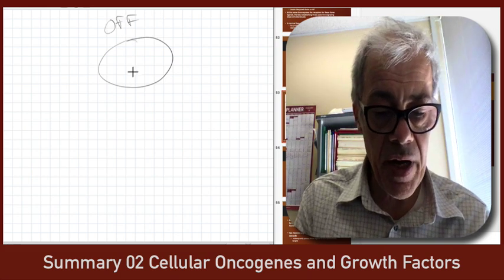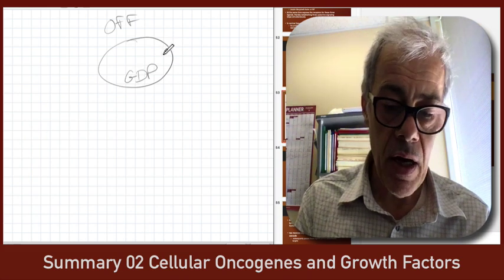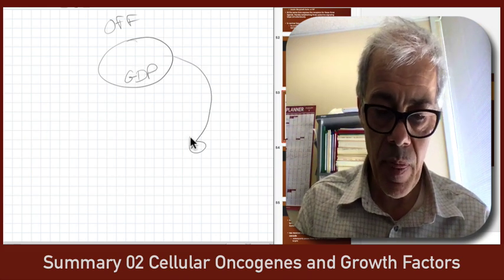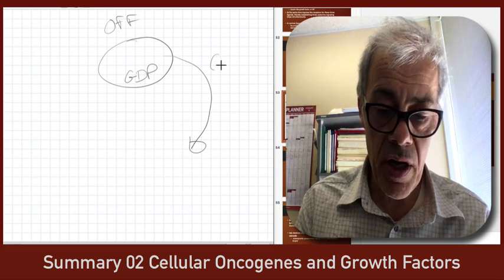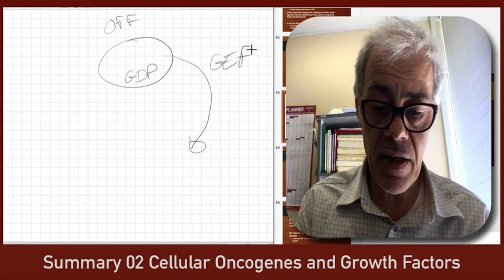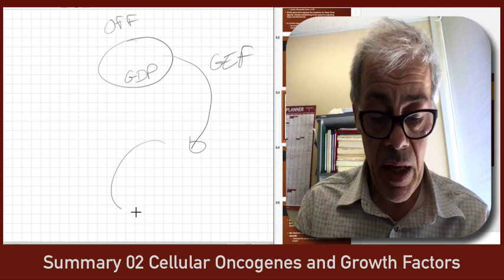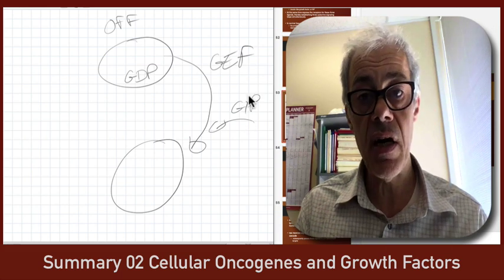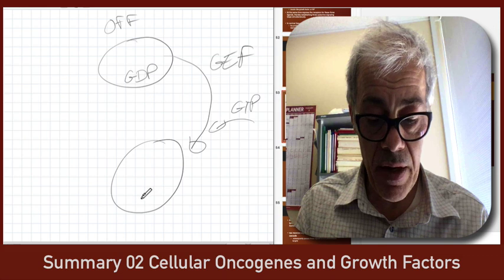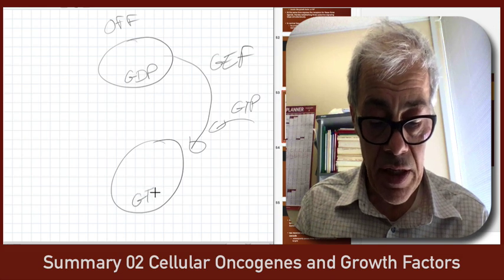It's bound to a GDP molecule. During normal cellular growth, a process occurs where a guanine exchange factor is able to displace the GDP and allow GTP, which is present at a higher concentration in the cells, to then occupy that space where the GDP was.